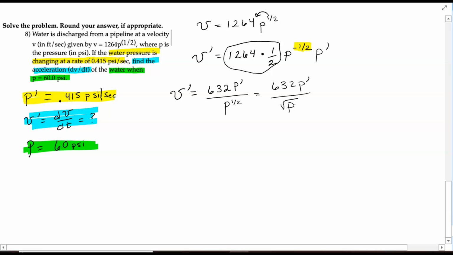So I've got everything that I need. Let's match up everything. P prime is this part in yellow, that's where I'm going to plug that in. P is this part right here in green, and v prime is this thing that I'm looking for in blue. There's no real need to solve for v prime because it's already set up that way for me.